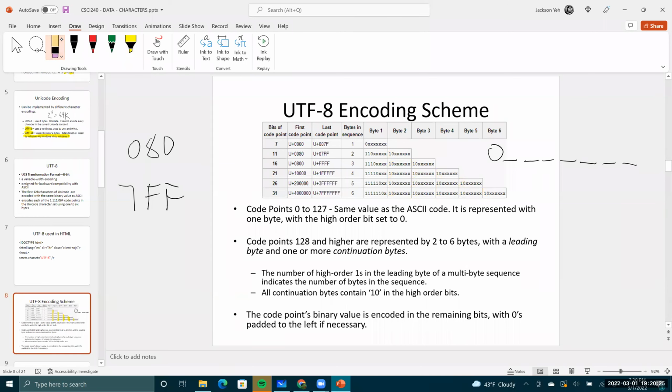Now let's take a look at your leading byte and see if you can see a pattern here. I'll give you a hint. Look at the number of 1s in the leading byte and figure out its relationship to the number of bytes in the character. Do you see the pattern?